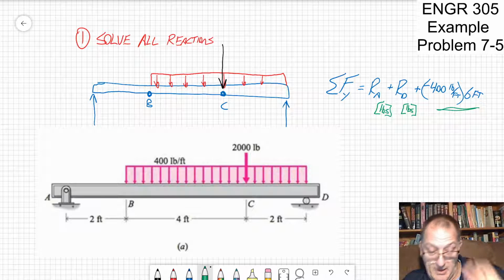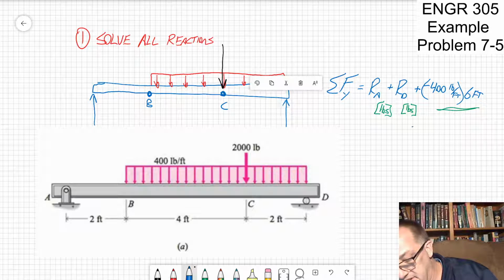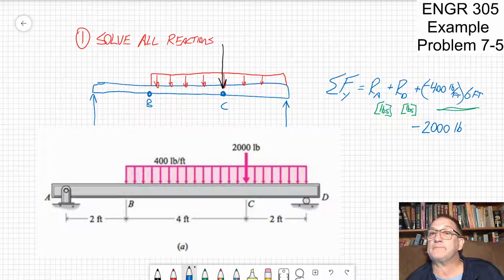All right, and then I've got one more term, and that's this force at C. That force at C is 2,000 pounds. That's minus 2,000 pounds force. Do I have everything else? No, I've got it.